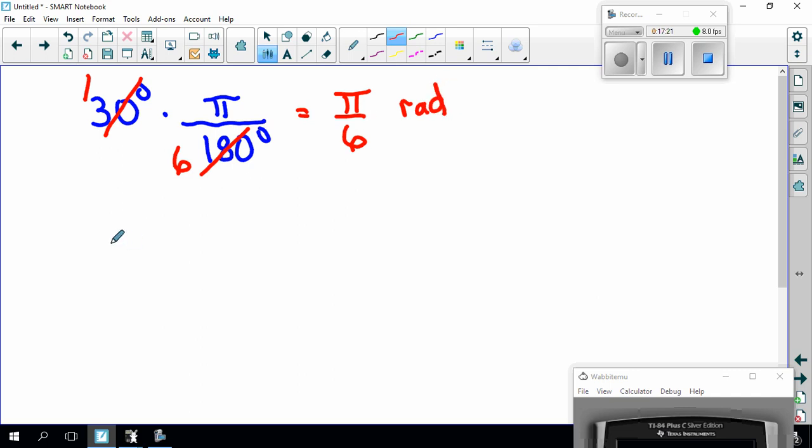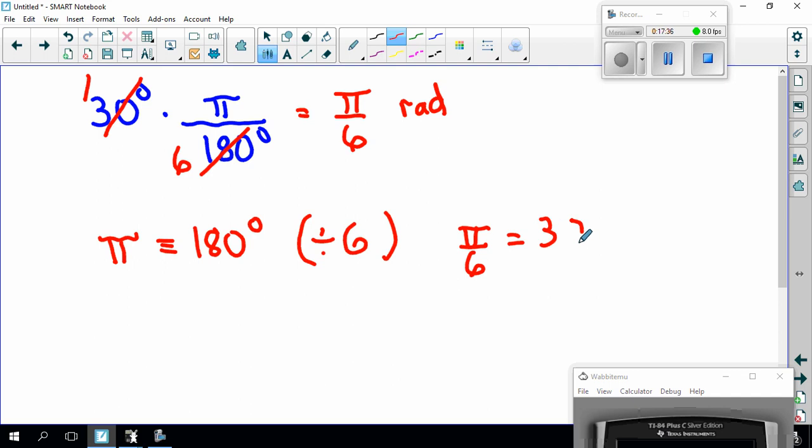The fast way: pi is equivalent to 180, and I just basically divide by 6 both sides, and I get pi over 6 equals 30 degrees. But if I ask you 40 degrees, it's not going to work very well, the fast way.